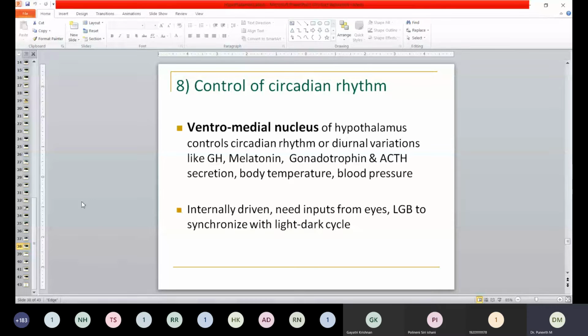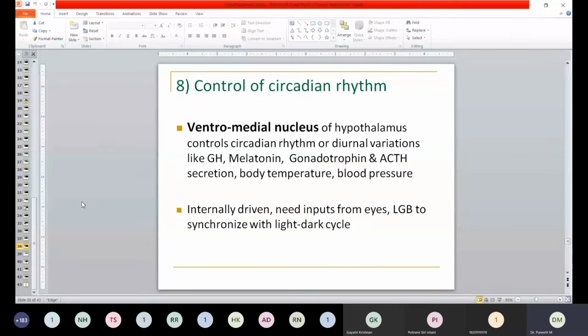Coming to the next function of the hypothalamus, control of circadian rhythm. Circadian rhythm is like diurnal variations, meaning some hormones, for example growth hormone, will be produced more at 8 o'clock in the morning, and may be secreted in less amounts in the evening. Each hormone or each function will vary according to the day and night cycle.